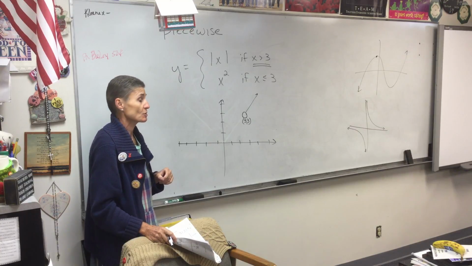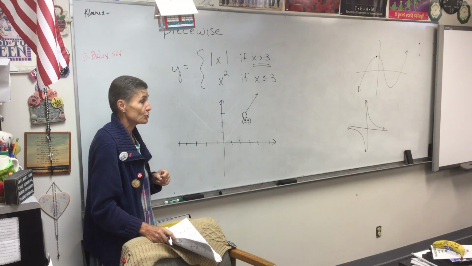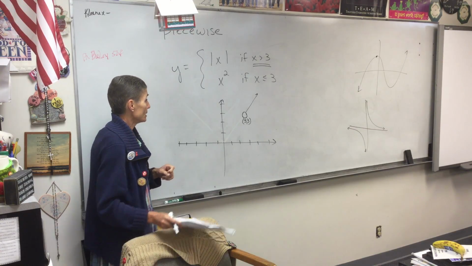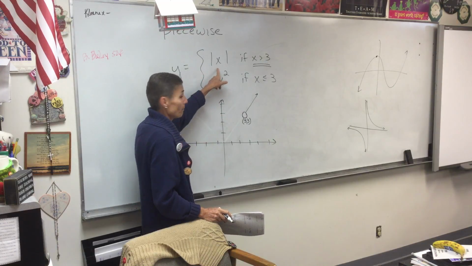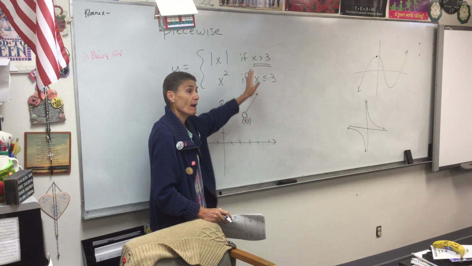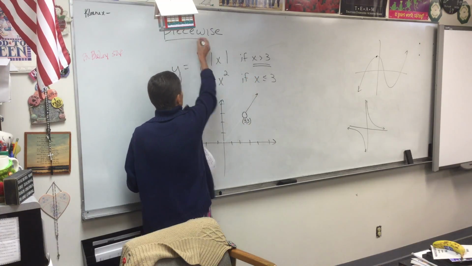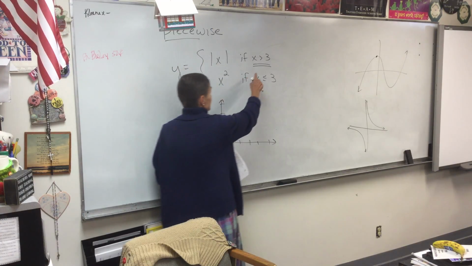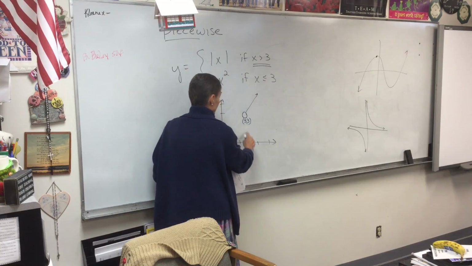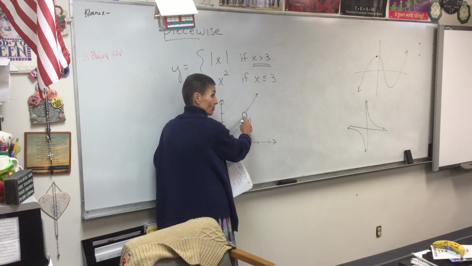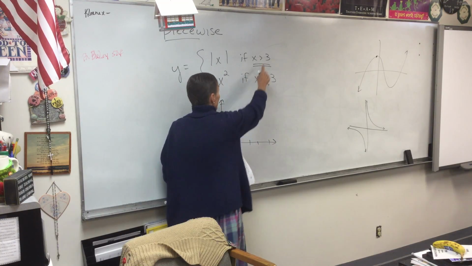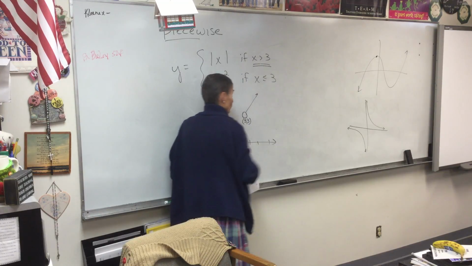If you're using pen, it's going to be a mess. Use a pencil. So this top line is the entire absolute value. I only want a piece of it, and the piece I want is the part that starts where x equals 3. And I want to be bigger than that, so I want the right side.